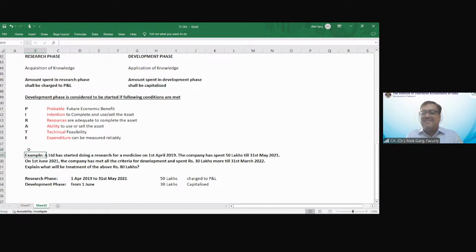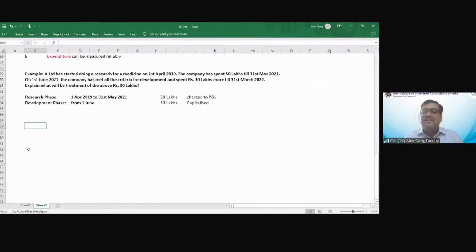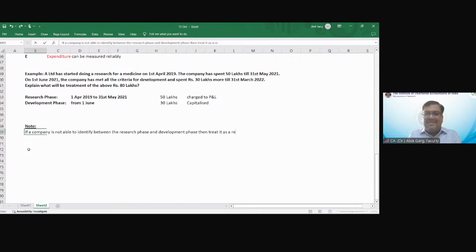So friends, the standard says that if the company is not able to distinguish between the research phase and the development phase, note this: treat it as a research phase.